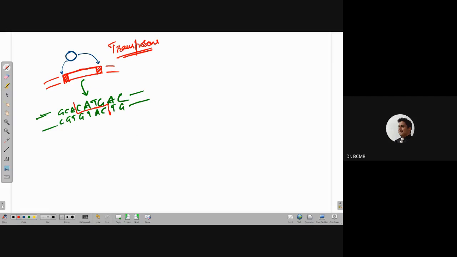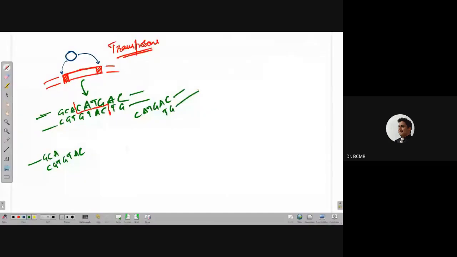So if the transposase cuts the target DNA in the way I have shown, then the sequence would be split into CGA, then CGT, GTAC, and the remainder of it I'm writing here, CATG, AC, and TG.